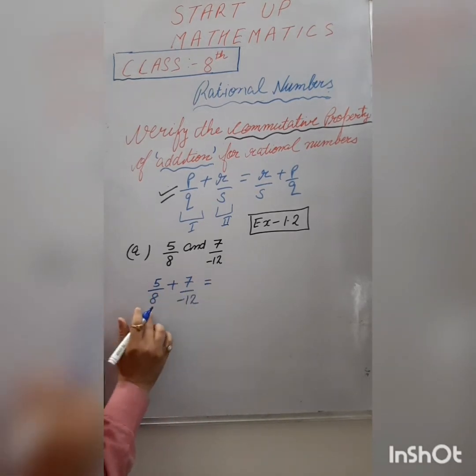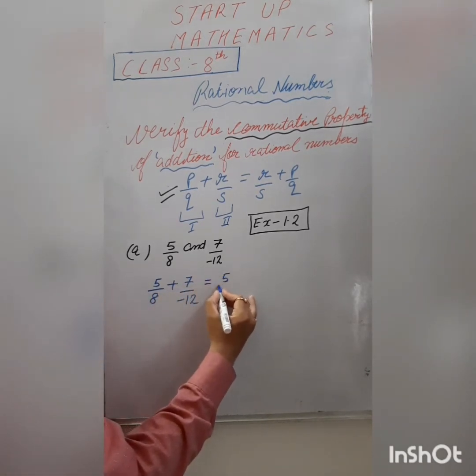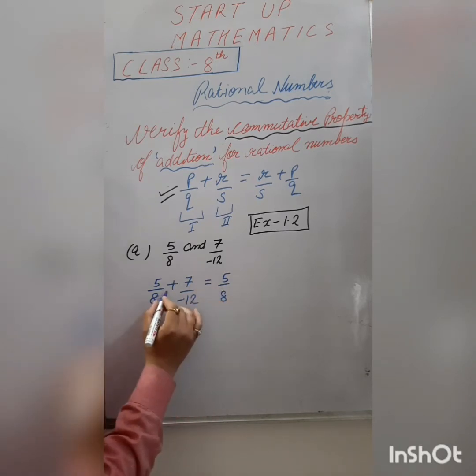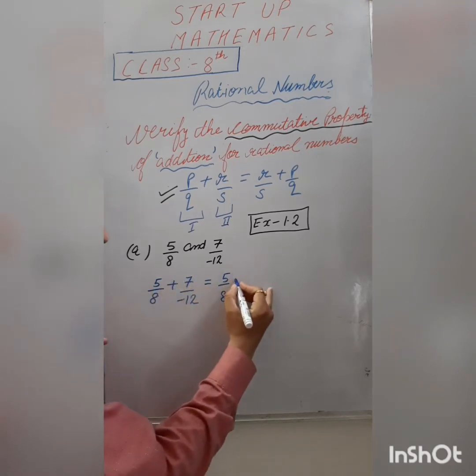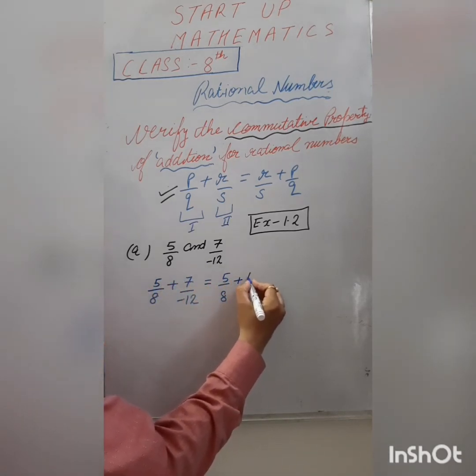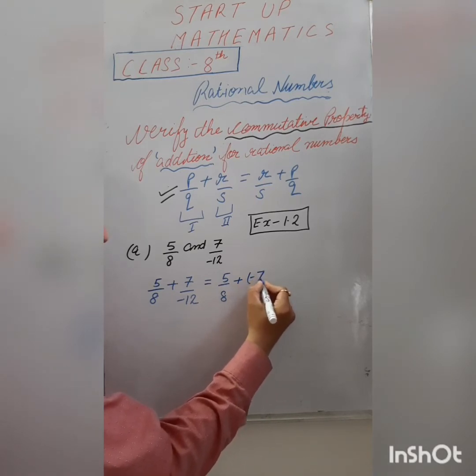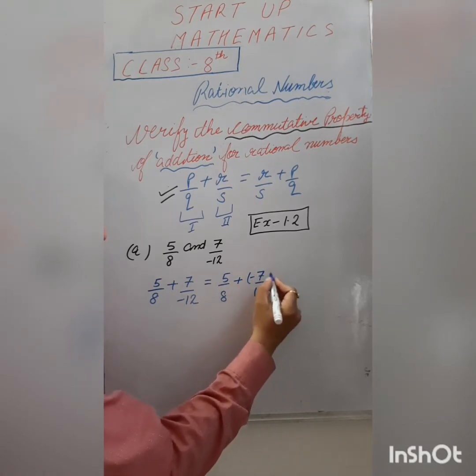So I can write 5/8 as it is. Here the sign is with the denominator in the second rational number, so I can take this sign to the numerator: plus minus 7/12.